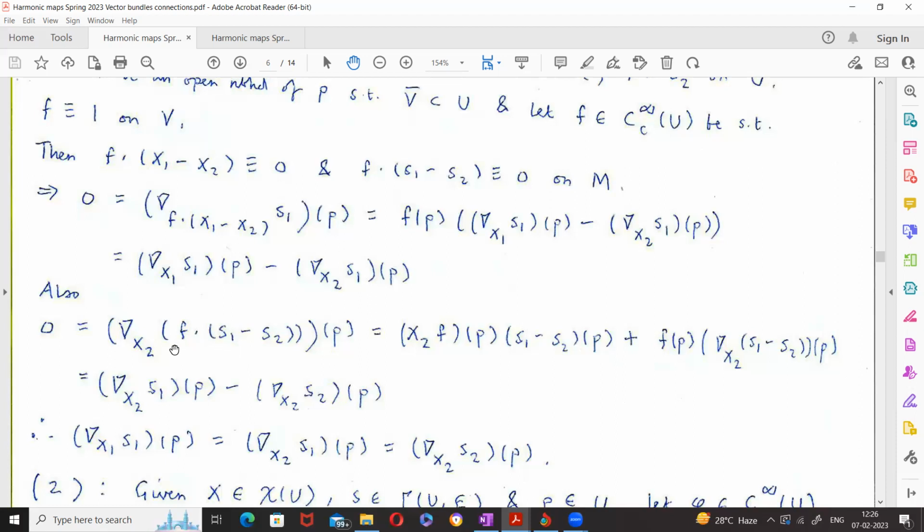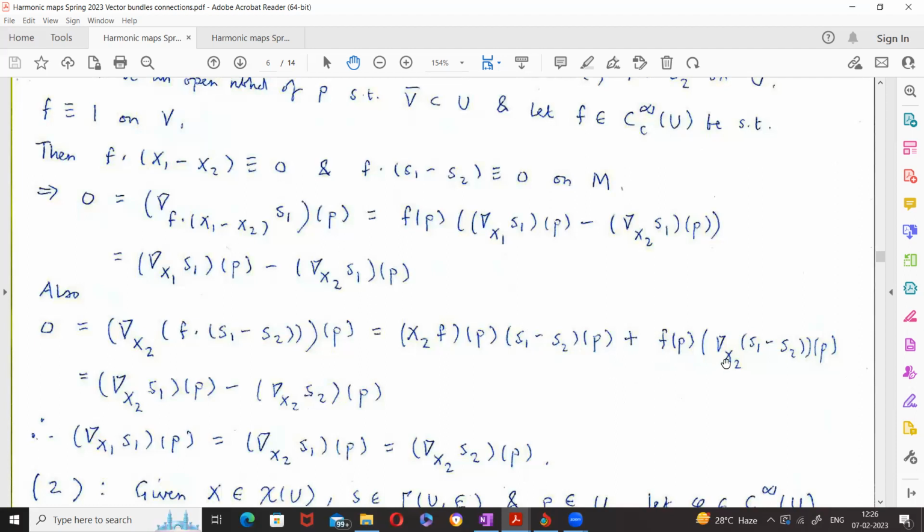By the Leibniz rule, this will be X2 applied to F at P times S1 minus S2 at P plus F at P times nabla X2 of S1 minus S2 at P. But now S1 minus S2 is 0 at P, so this first term vanishes. And in the second term, F of P is 1.